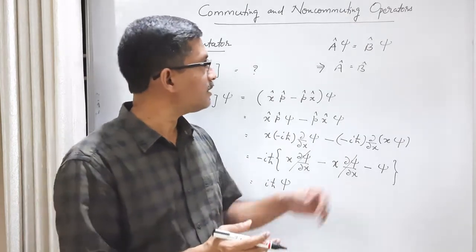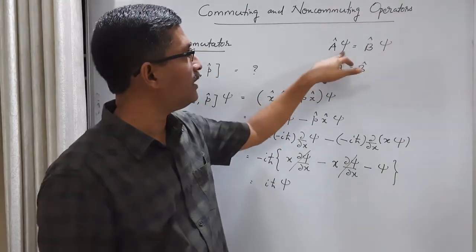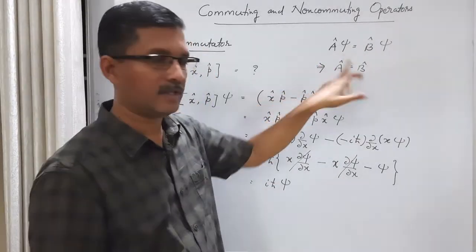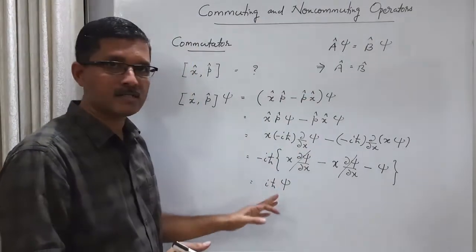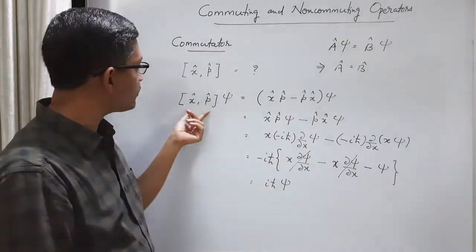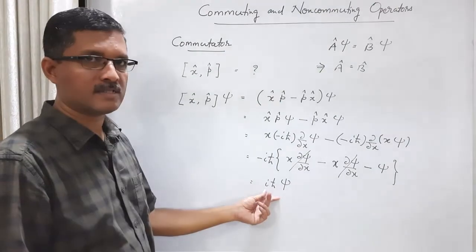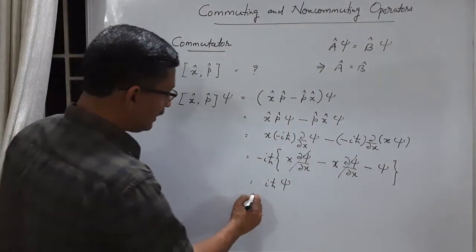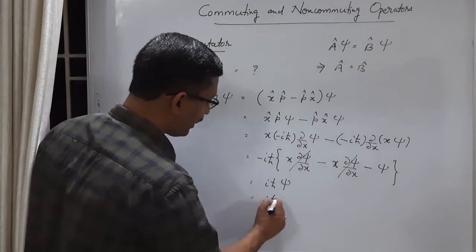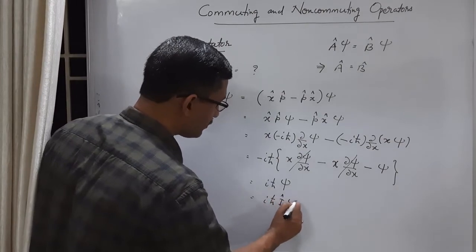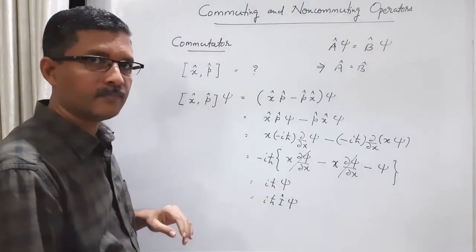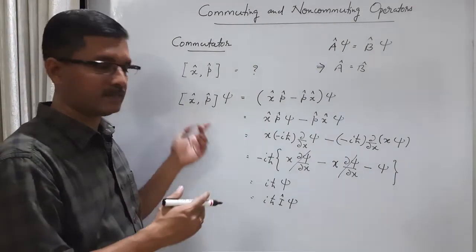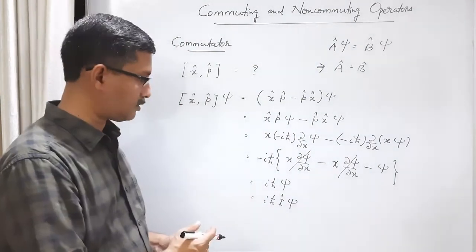In the same sense, if this equation is true for any general state psi, we can write A equal to B. It means that this operator is equal to the operator on the right side. What is the operator on the right side? Here we can introduce the identity operator. Since the commutator is an operator, we have to consider an operator on the right side also.